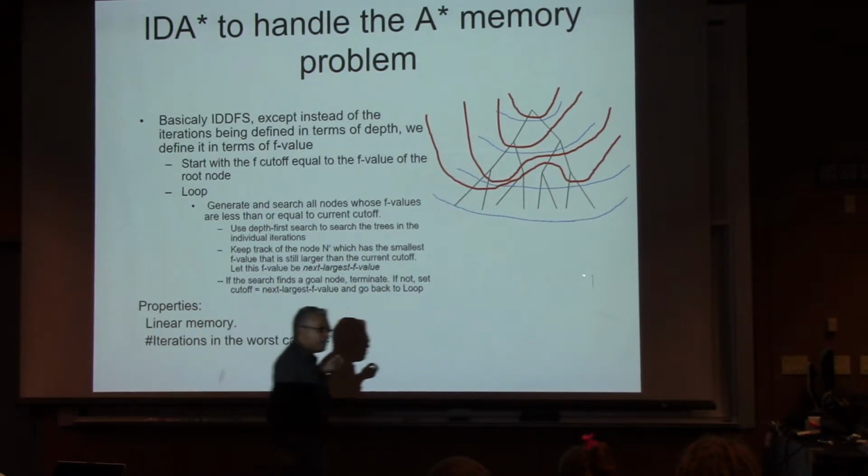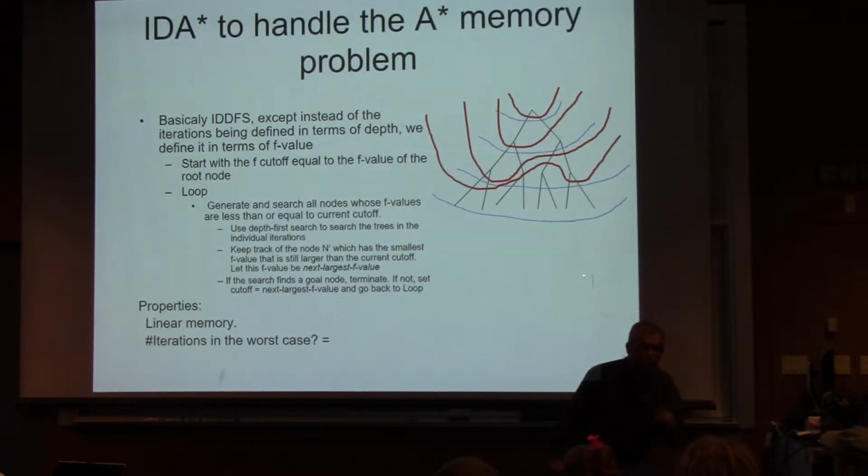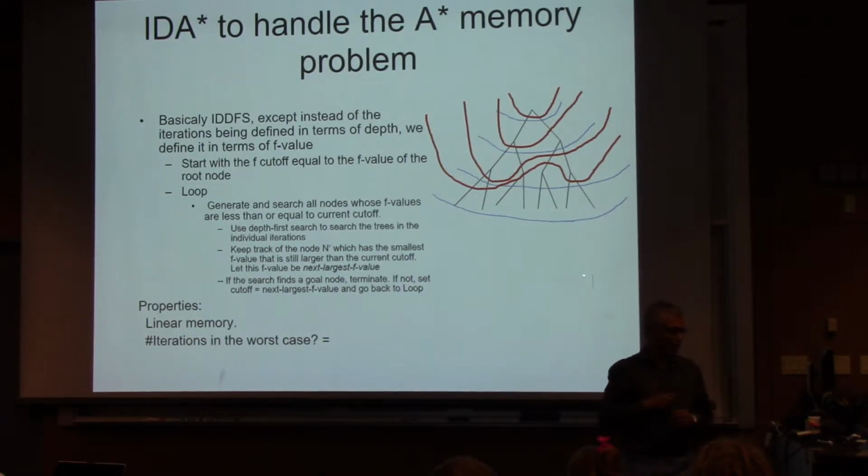You want to remember the node with the minimum F value that still couldn't make it in the current iteration. That's the one that was so close to the gate, and you didn't let it in because its F value was more than my current F value. So when I increase the F value, that becomes my new F value.